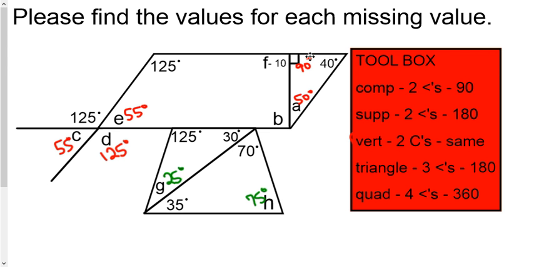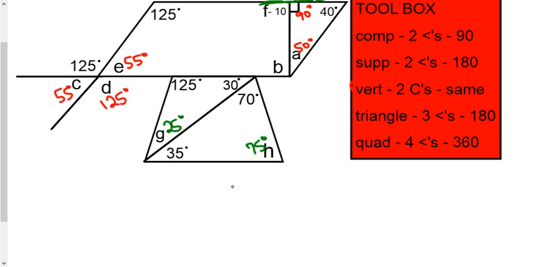So is there something I can get over here, well, this angle right here, this right angle? And I notice right here that they're both sitting on a straight line. So this angle to the left plus this angle to the right should equal 180 degrees. So I'm going to write F minus 10 plus this angle right here, 90, should equal 180 degrees.